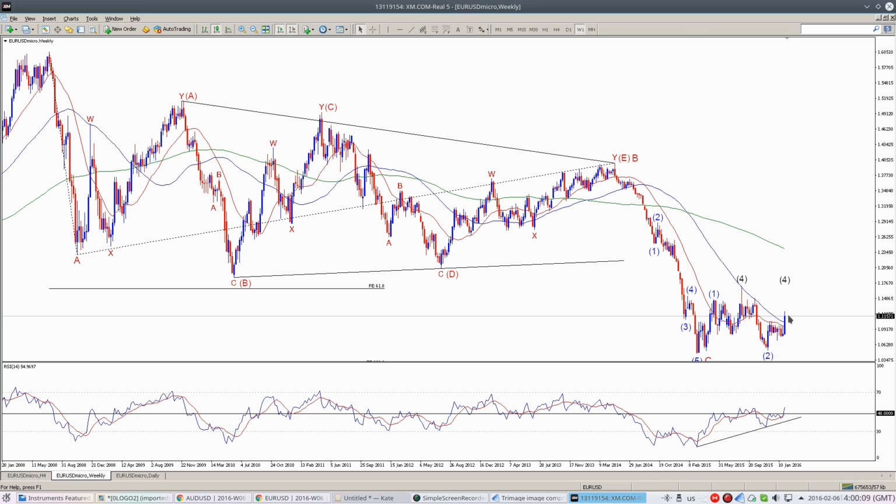There will probably be deep retracements, and that will make trading difficult, but overall I believe that this will be the direction that the pair will take for the coming weeks and months.